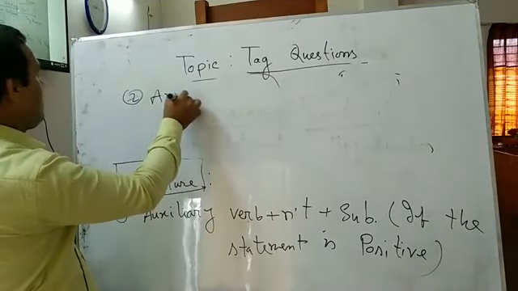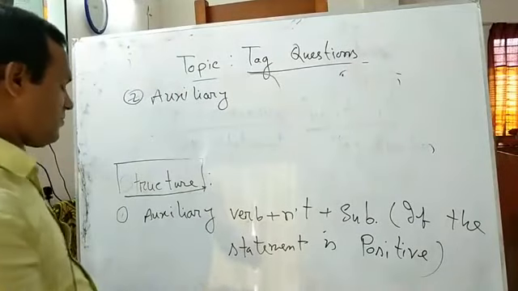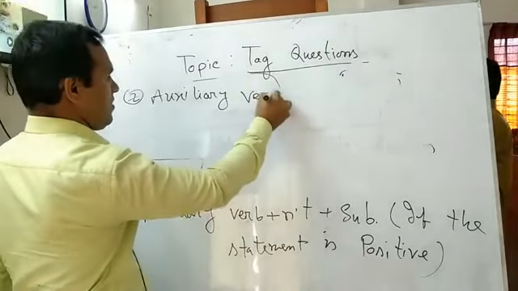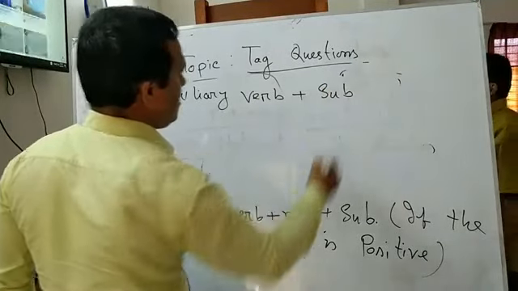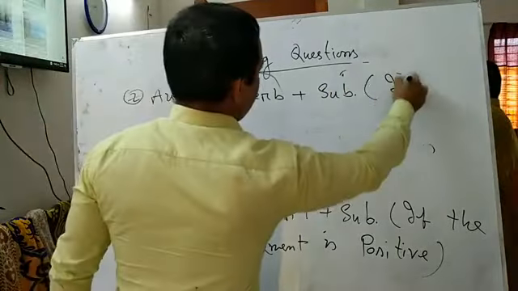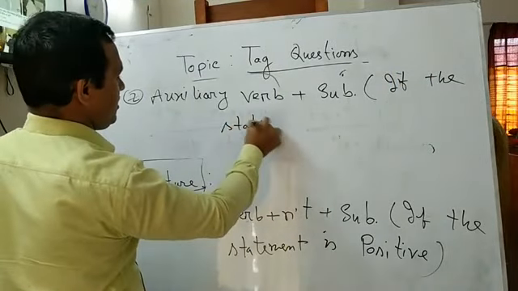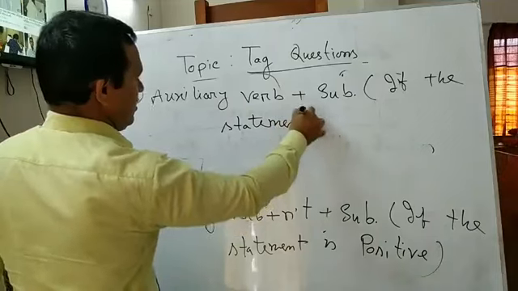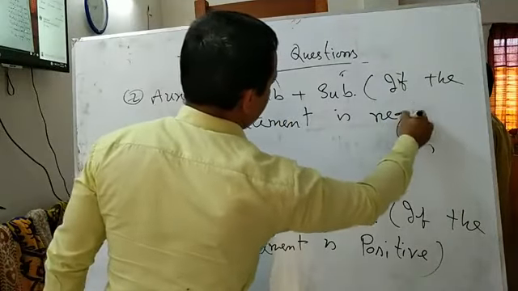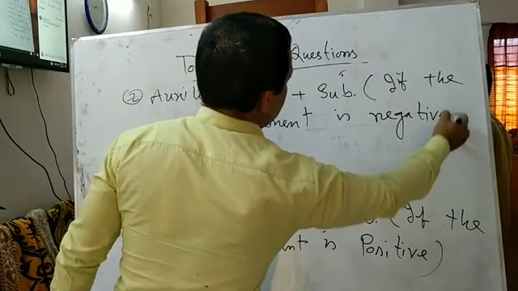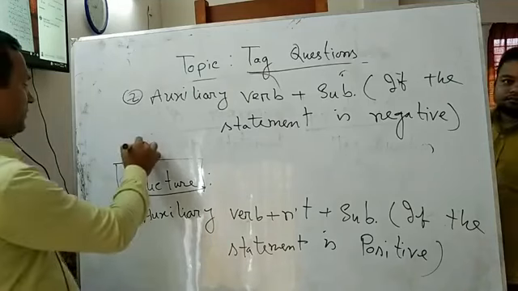Auxiliary verb plus subject, if the statement is negative. Okay. Examples.